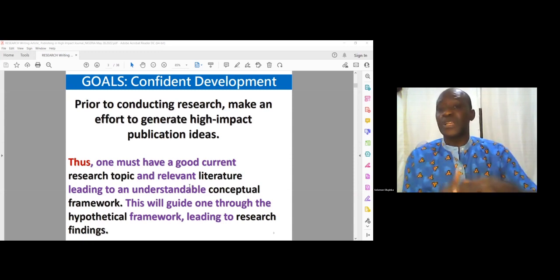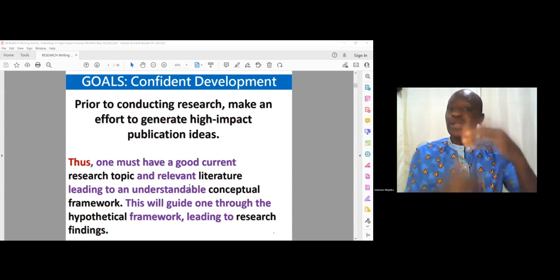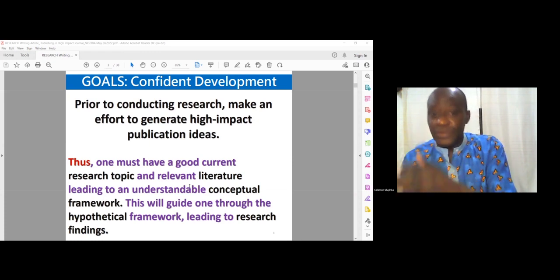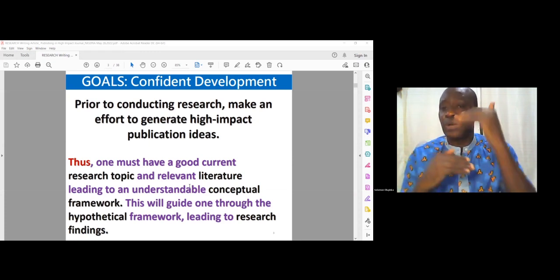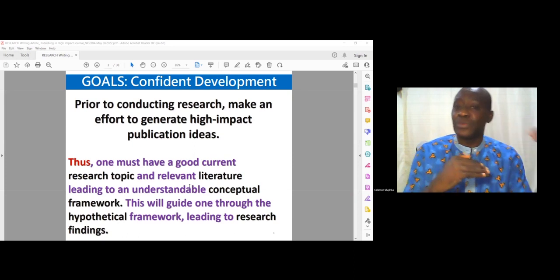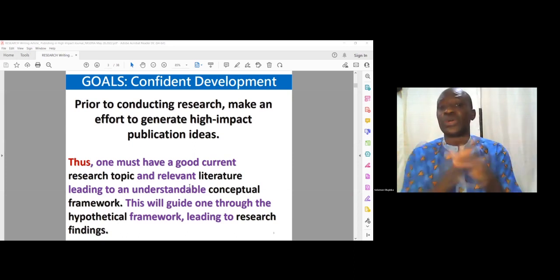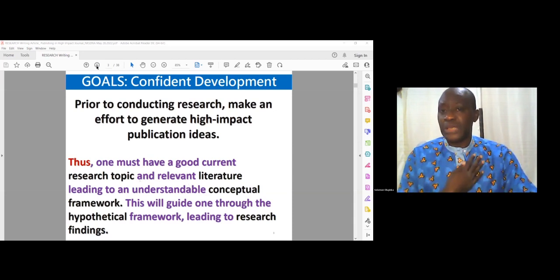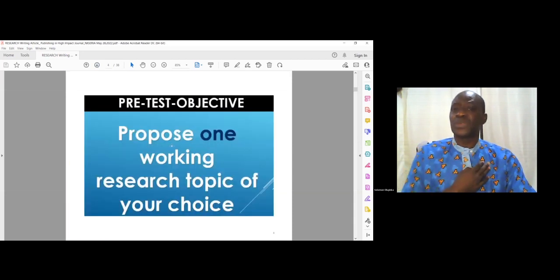After the topic, the literature review will take us to the conceptual framework. After the conceptual framework, that is when we will talk about the hypothetical framework before we get to research findings. So let's take the next one.